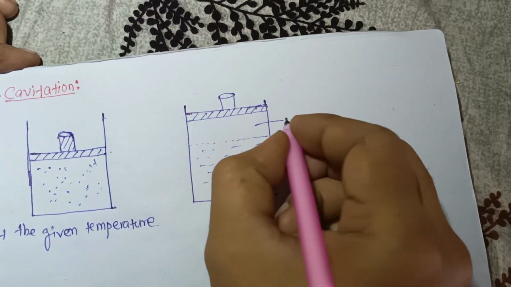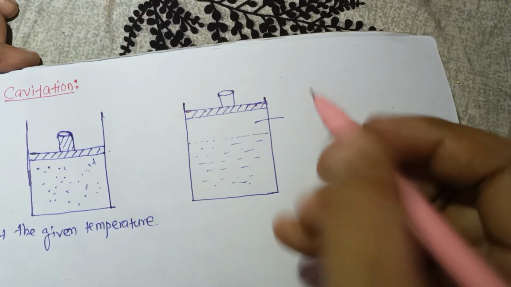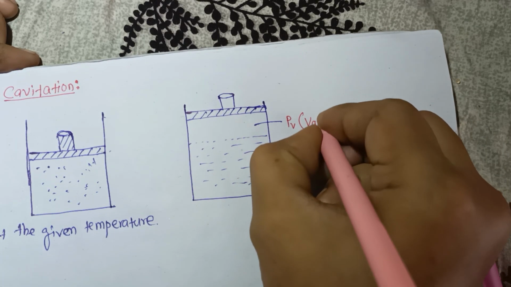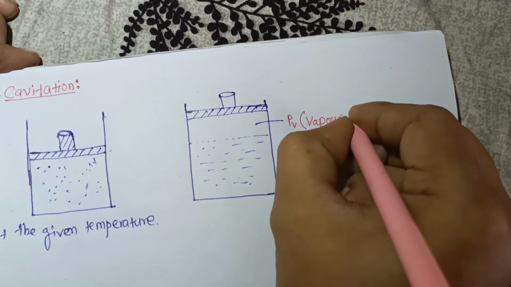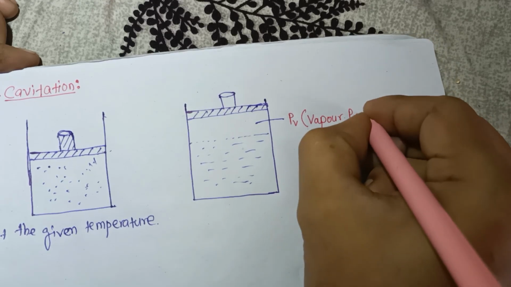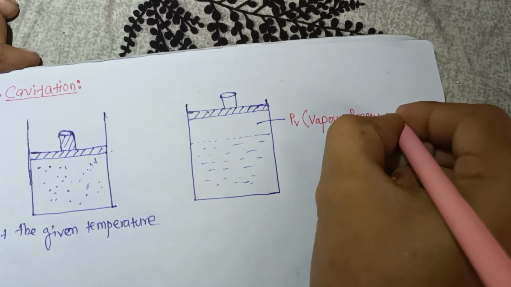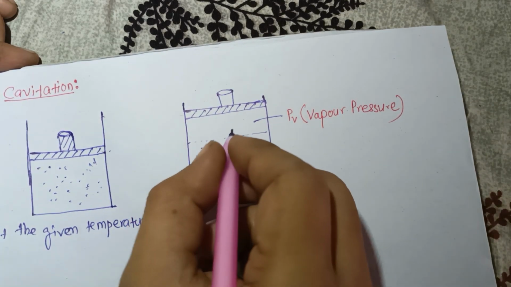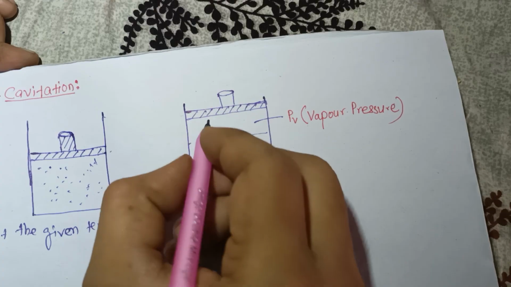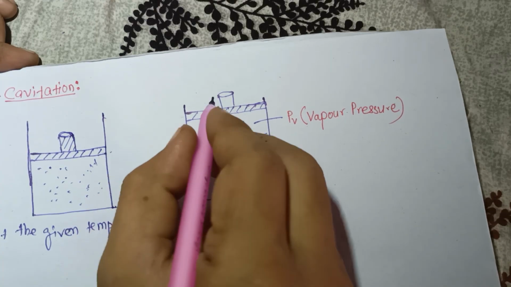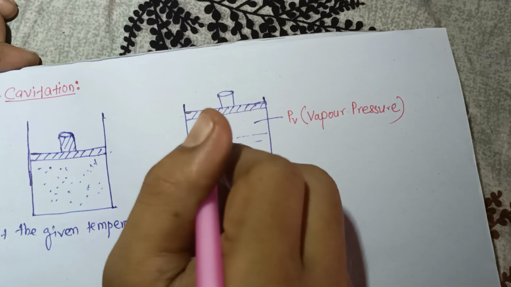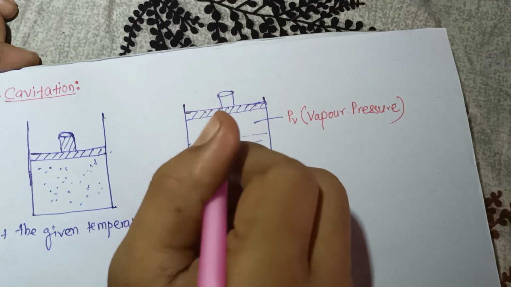So this PV is the vapor pressure. Due to this vapor pressure, the liquid is converted to vapor. So in that case, evaporation happens.